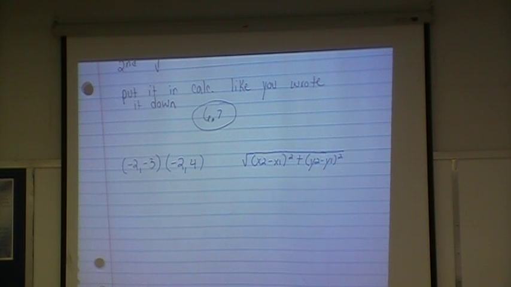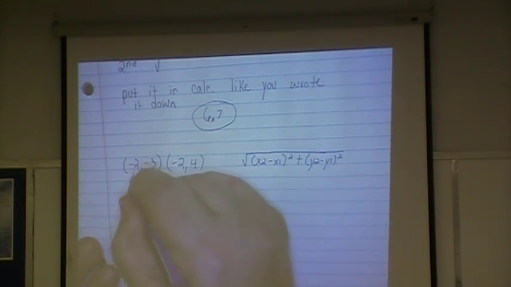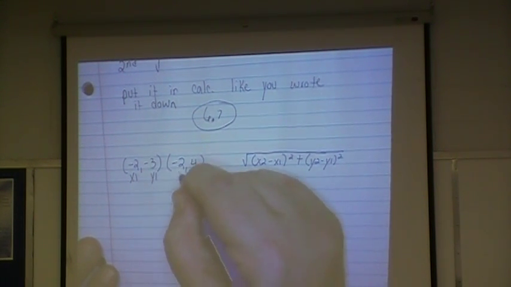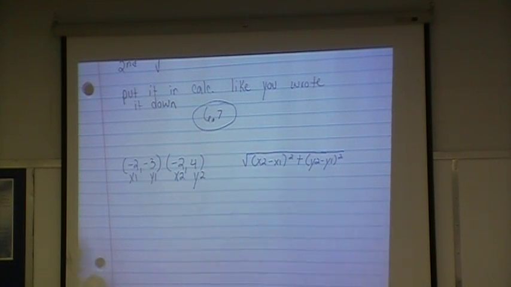Today I'm going to be picky. I want you to label your parts, okay? So when you do this homework assignment that I'm going to collect on Wednesday, I want to see that you've labeled your parts: x1, y1, x2, y2. Then, before you put anything into your calculator, I want you to write down what you're going to put in your calculator.